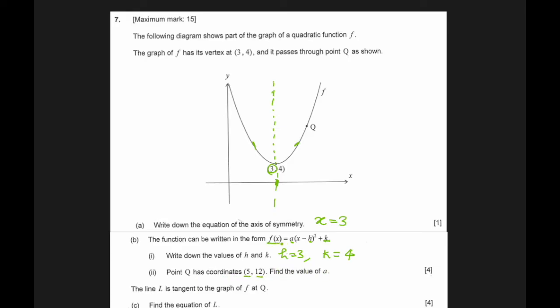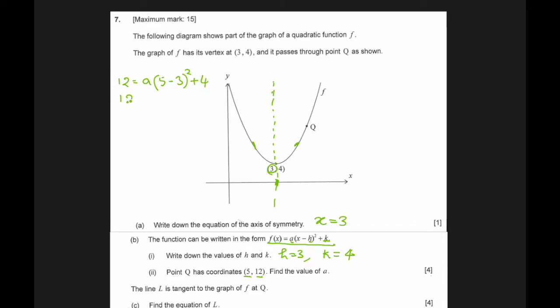So in this equation we will substitute (5, 12) and find the value of a. f(x) is the y value, so 12 equals a times (x minus h), with x given as 5 and h now known to be 3, squared, plus k.